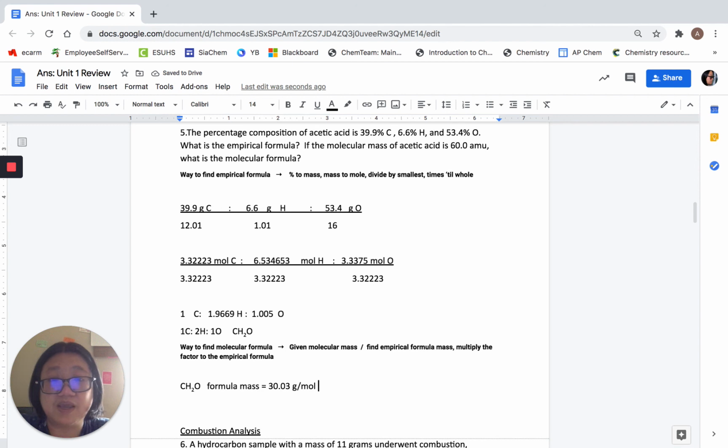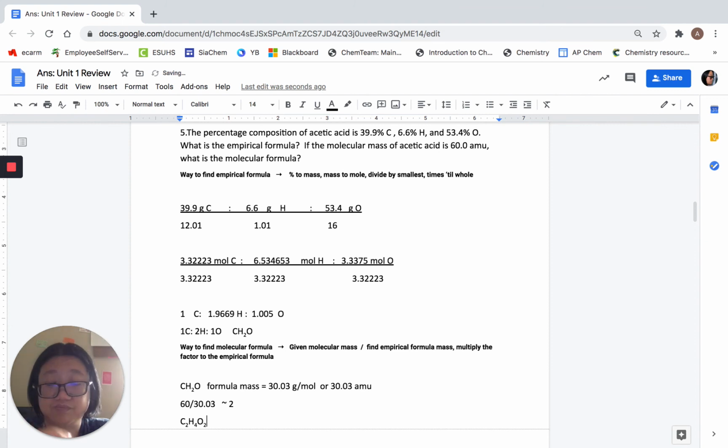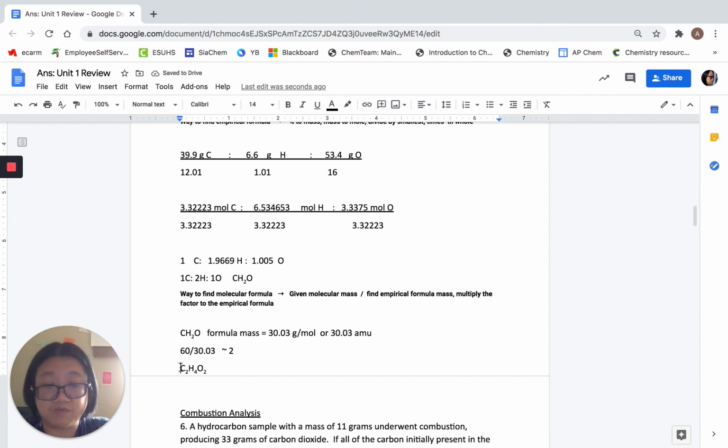Or you can say 30.03 AMU. So you will see you have a molar mass of 60. So 60 divided by 30.03 is approximately 2. So therefore, the molecular formula is C2H4O2, and we will be correct. Okay, so that is the molecular formula.